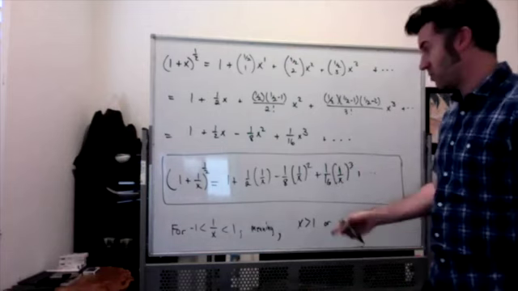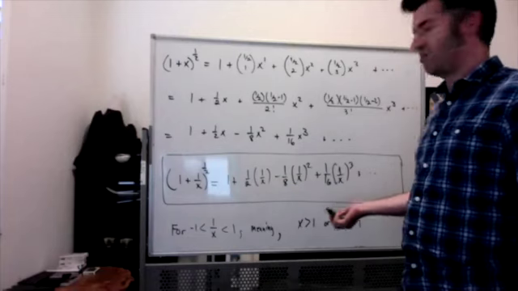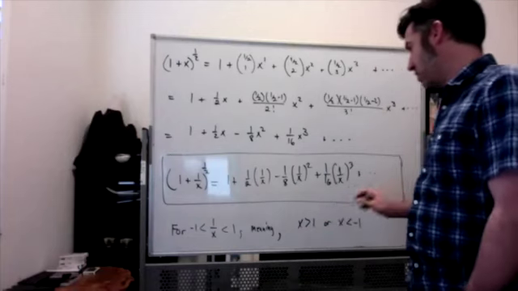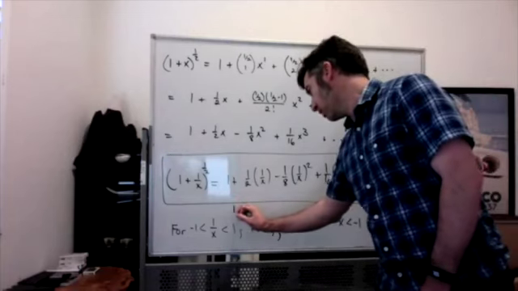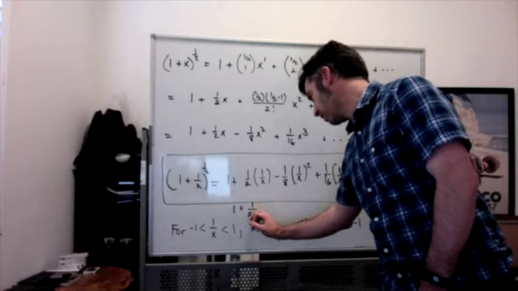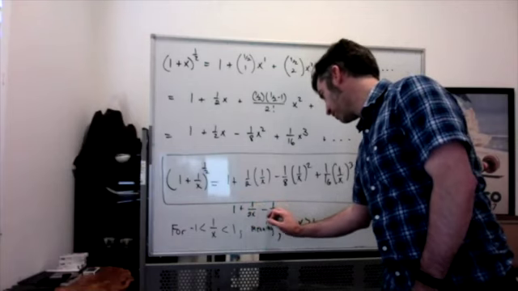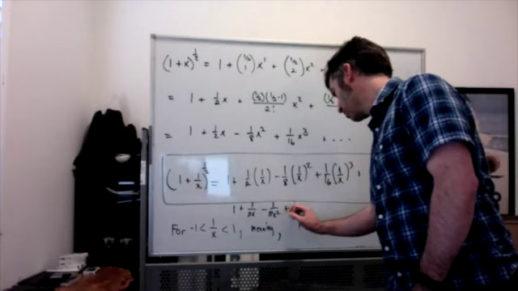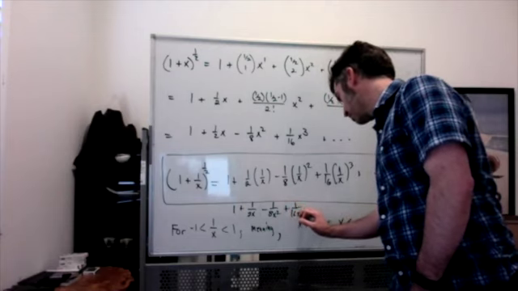So the first 4 terms would just be these. And you could write it slightly more simply as 1 plus 1 over 2x minus 1 over 8x squared plus 1 over 16x cubed.